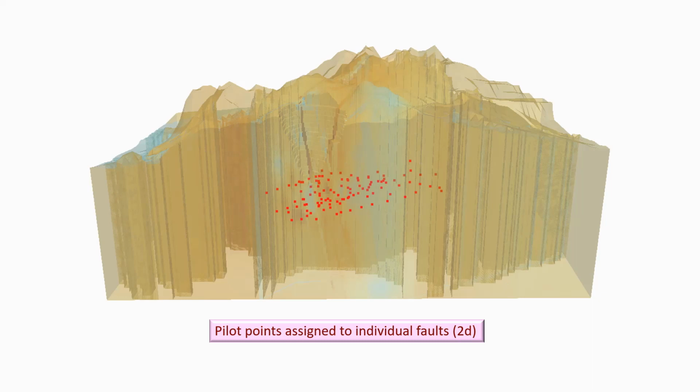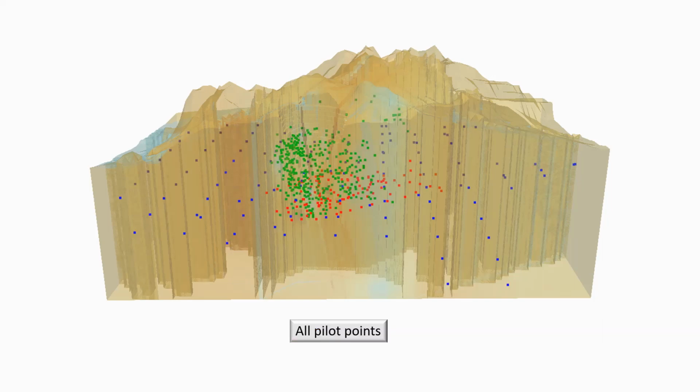A third set of pilot points was ascribed to faults which pervaded this particular area. 2 pilot points were assigned to each fault. So collectively, 3 sets of pilot points were used in conjunction with preferred value regularization to parameterize this model domain. There they all are together.